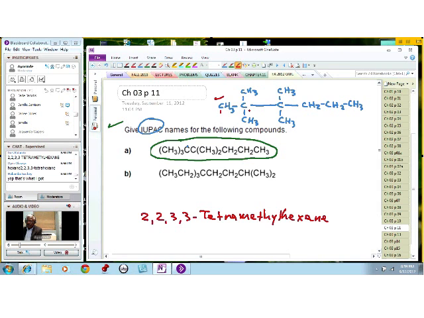Okay, because this is carbon 1, 2, 3, 4, 5, and 6. So we got that right. Excellent. Very good. You guys are doing just fine. Okay, I think we could move on. I agree with the consensus.